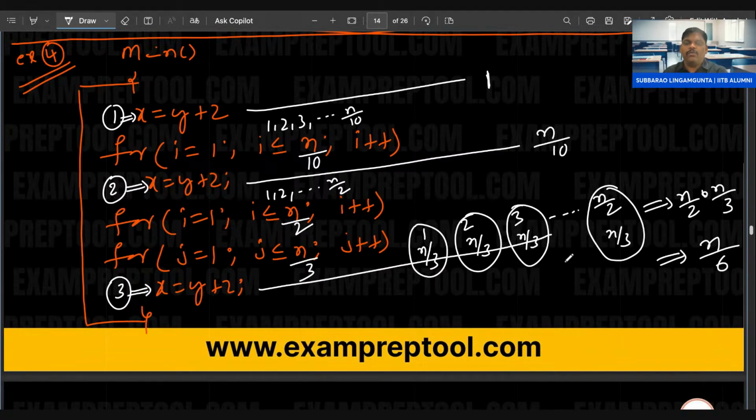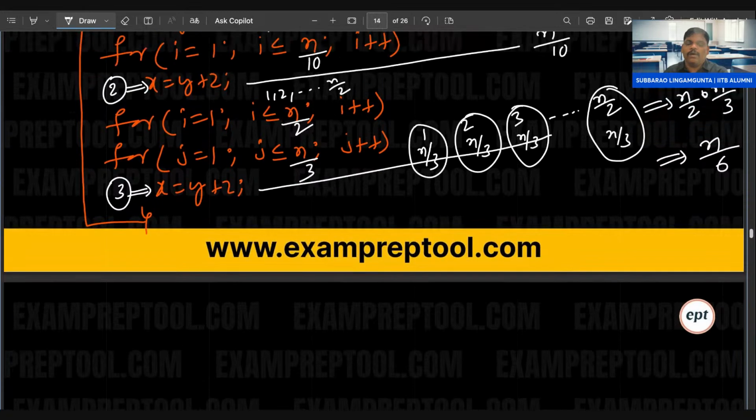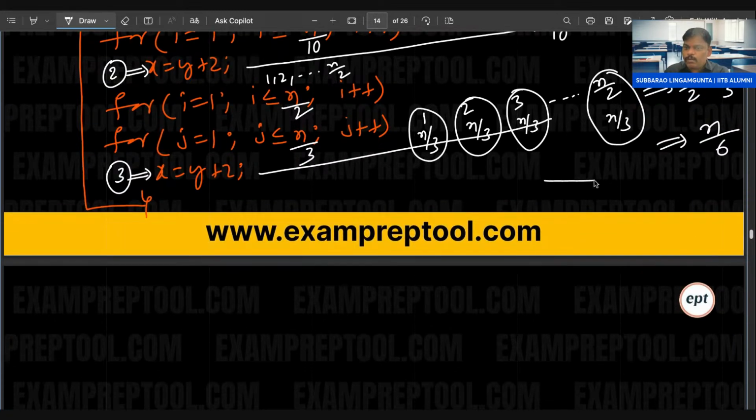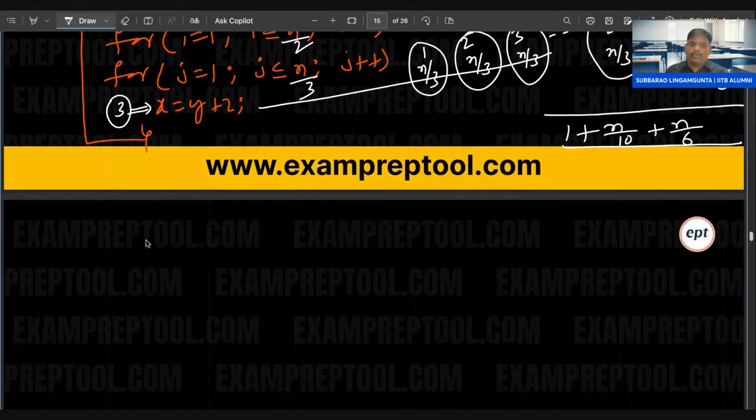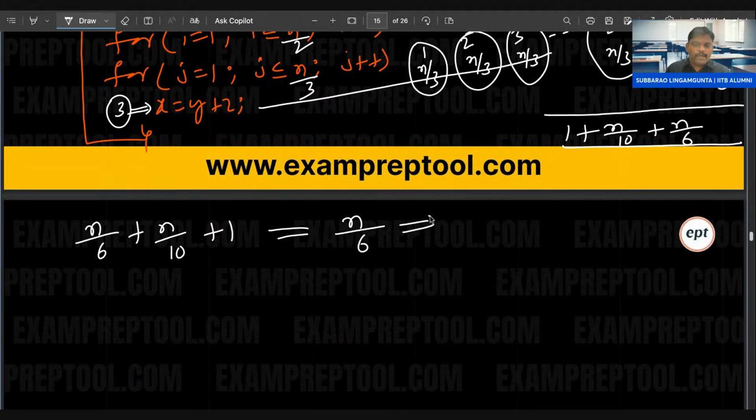I think everyone is fine. Now let's find out the order of magnitude of the total program. I think if you observe, 1 plus n by 10 plus n by 6 is the order of magnitude of the total program. If you see the bigger one, n by 6, this can be written as 1 by 6 into n.